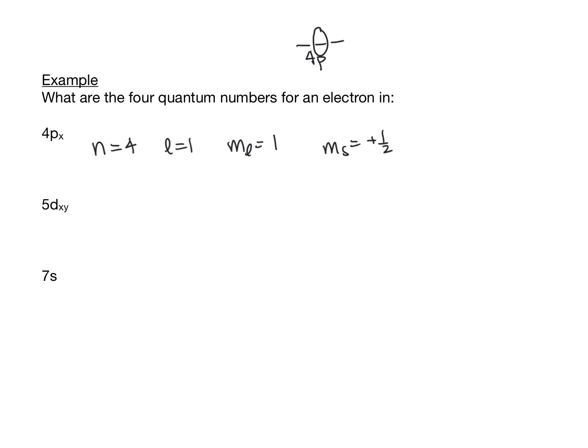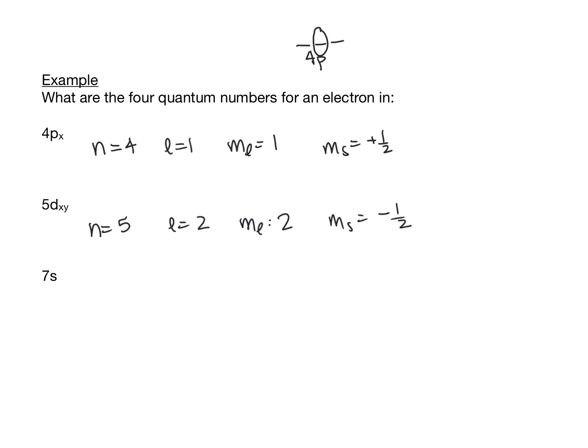So in this course, we can select any value for M sub L that is allowed, any value. The 3 allowed values are -1, 0, and 1. You can pick any one. Same for M sub S. But the electron can only be in one orbital. So in the 5dxy, we have n equals 5, L equals 2, M sub L, any allowed value, I'm going to pick 2, M sub S equals -1/2.